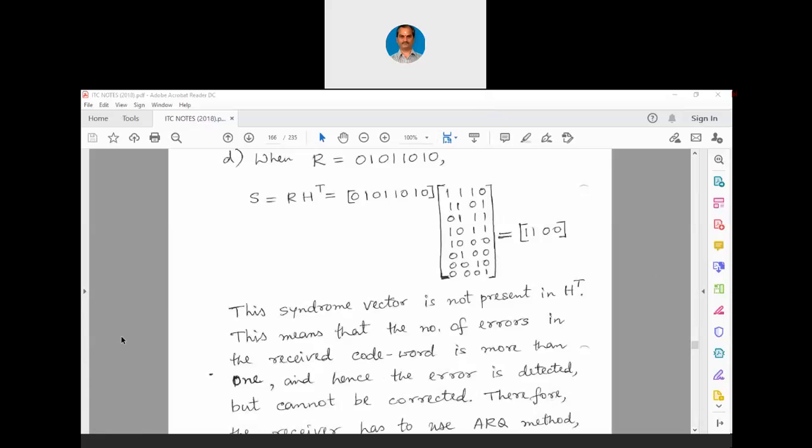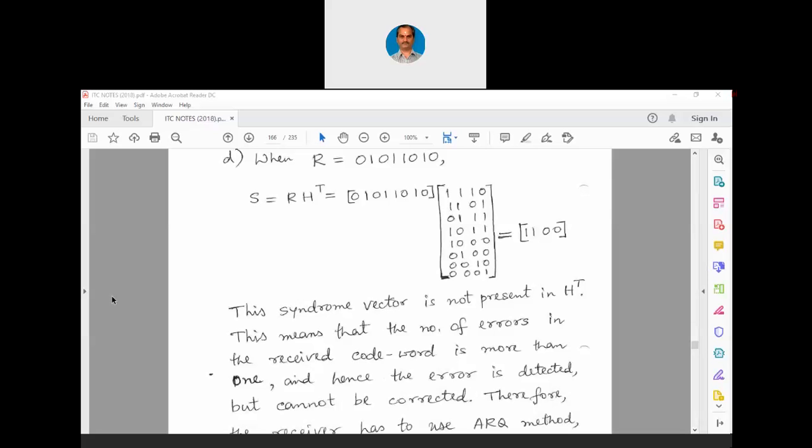We had seen this example yesterday where we saw that this particular syndrome 1100 is not present in this particular H transpose matrix. So, the receiver has computed the syndrome, but as the syndrome is not present in the H transpose matrix, the receiver is unable to find out in which position the error is.